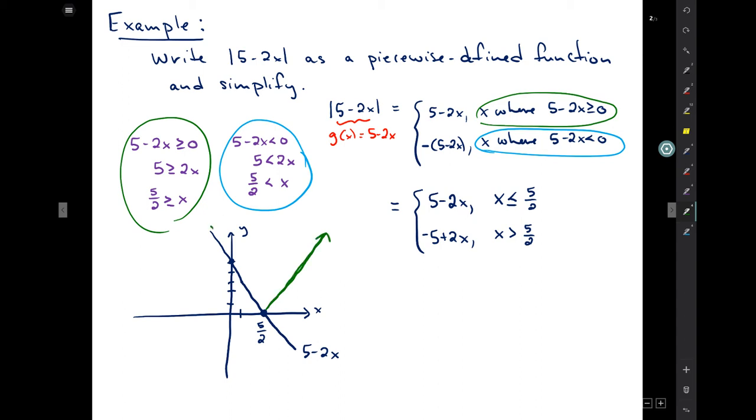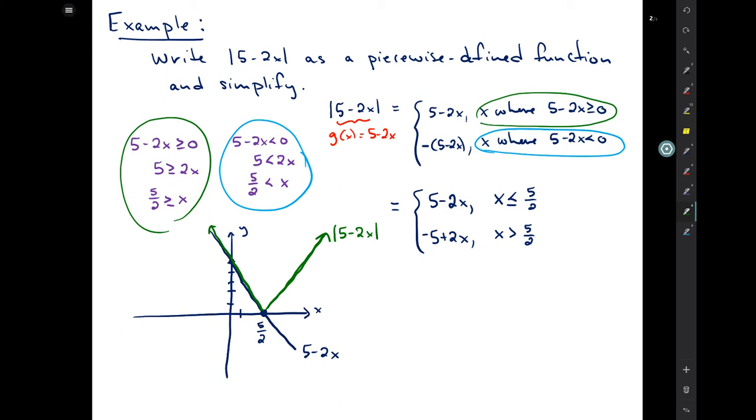So again, the part that was already positive, I leave positive. And so this green line is the graph of the absolute value of 5 minus 2x. So that is visually what we're doing when we take the absolute value. And algebraically, you have these two different conditions that you have to solve.